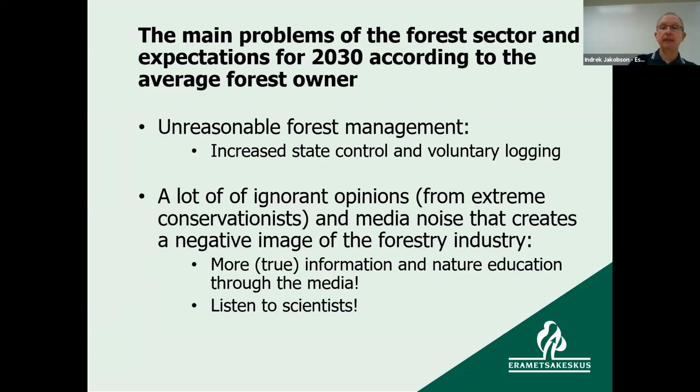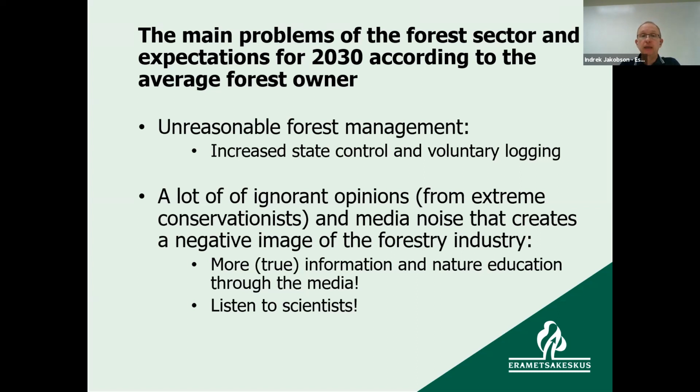So let's take it all together, from start to finish. Main problems. What did we get from this survey? First of all, unreasonable forest management. It means we need two things: more state control, but also voluntary logging.